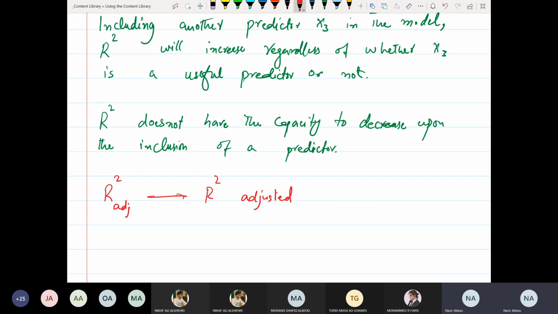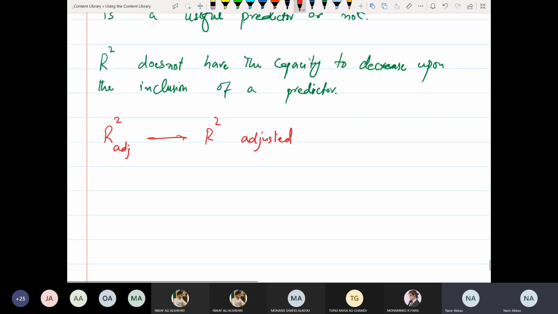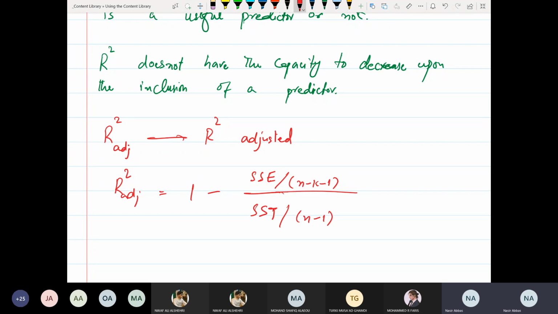This R square adjusted is nothing but a small adjustment to your already existing R square. It is basically 1 minus SSE over SST. That is your R square. The only adjustment you make is you divide SSE by its degree of freedom, and you divide SST by its degree of freedom. And this new thing becomes R square adjusted. That's it.